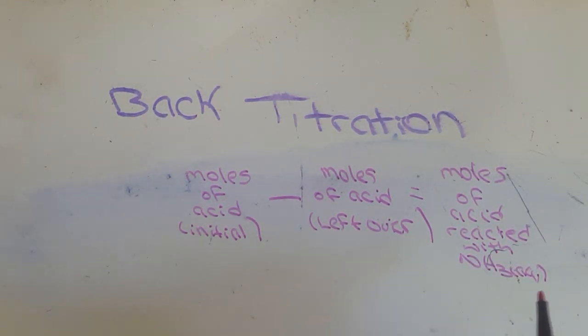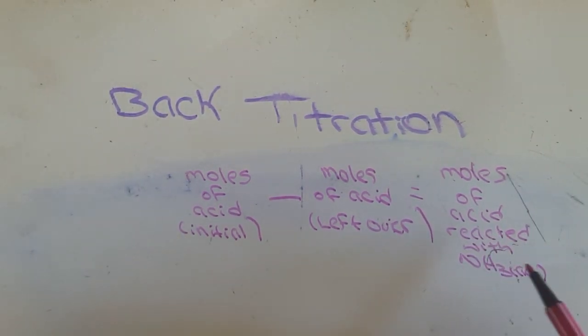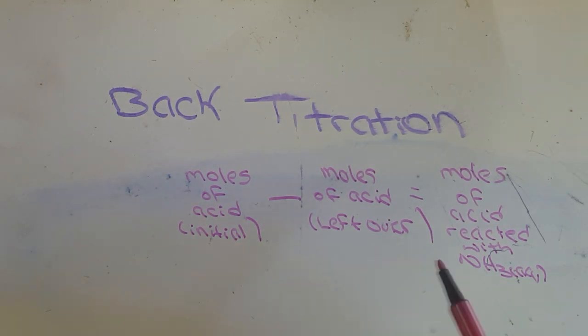Now that you have the moles of acid which reacted with the ammonia, you can get, based on the equation with ammonia and the HCl, which in this case is a 1-to-1 ratio, the moles of the ammonia.